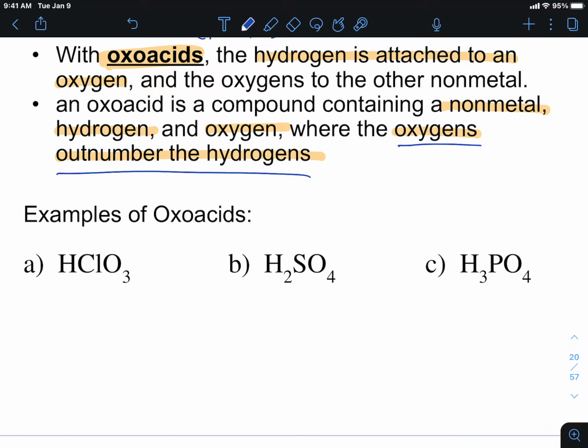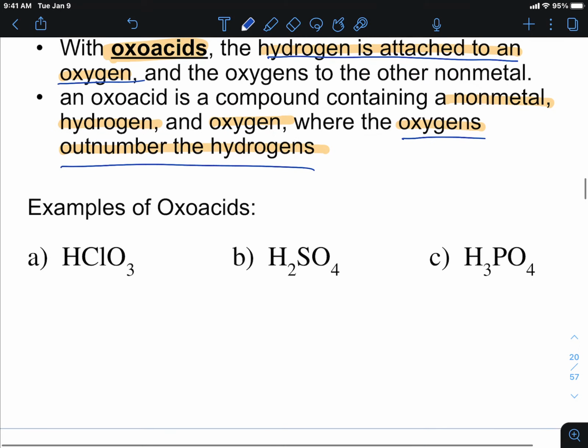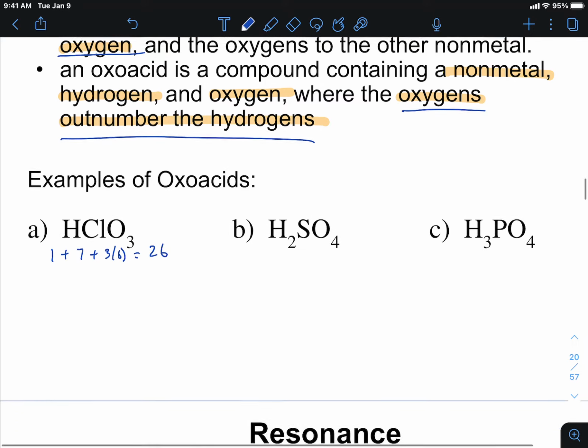Okay, now whenever you are drawing a Lewis diagram for an oxoacid, the hydrogen is attached to the oxygen, not the center. So watch. For this first example, hydrogen has 1 valence electron, chlorine has 7, and there's 3 oxygens. So 8 plus 18 is 26.